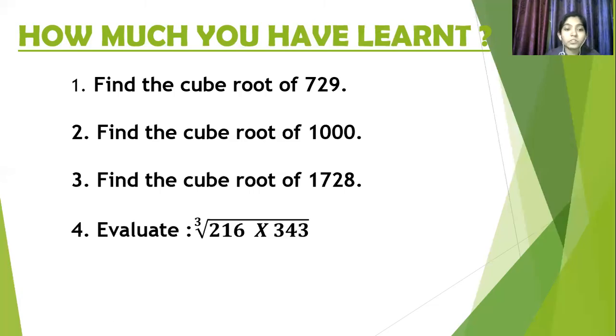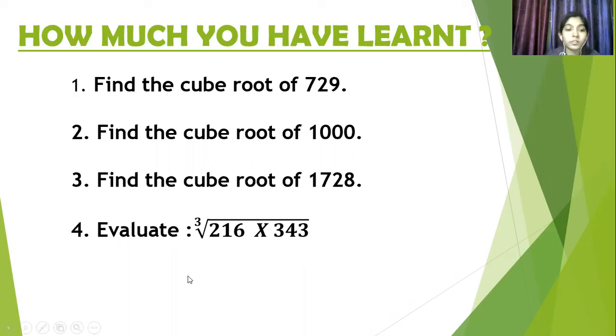Very good. So evaluate cube root of 216 into 343. How will you do this? In this question, we will first break them into two parts. Cube root of 216 into cube root of 343, and then we will do the same as we have done in other questions. We will do prime factorization, then triplets, and then common, and then we will do the product.